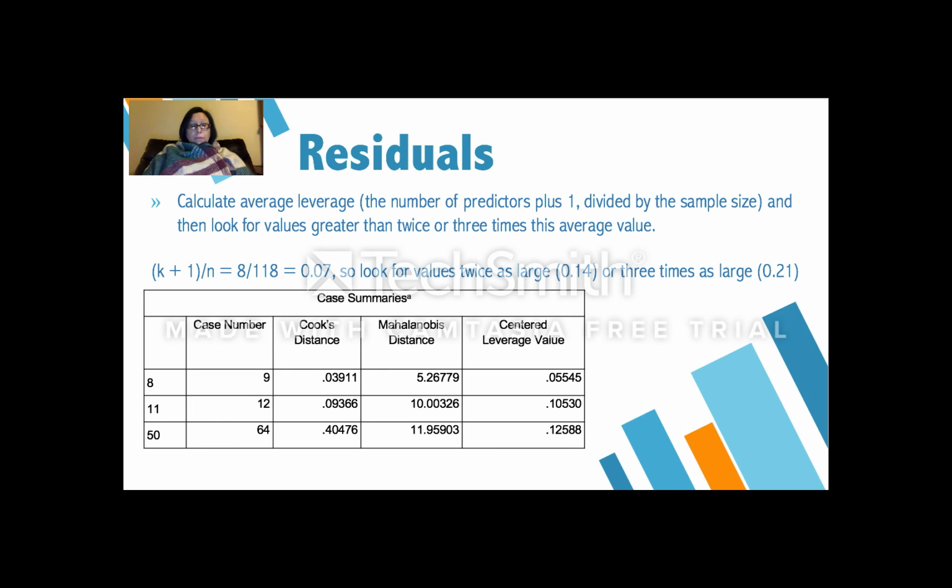The average leverage can be calculated using the formula on the slide, and so we're looking for values either twice as large as 0.14 or 3 times as large, 0.21, depending on what statistician you cite. All cases are within the boundary of 3 times the average, and only one case is close to 2 times the average, so this is really not going to impact our data.